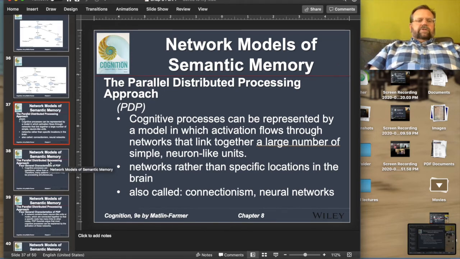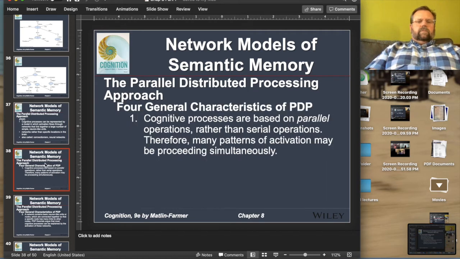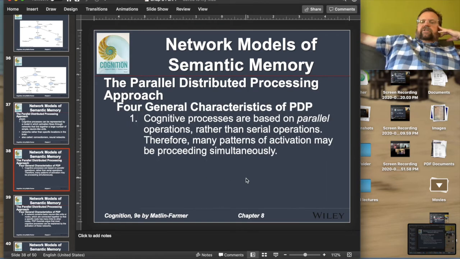Okay, so there are four general characteristics of parallel distributed processing models. First off is that cognitive processes are based on parallel operations rather than serial operations. And we've talked a little bit about this before.